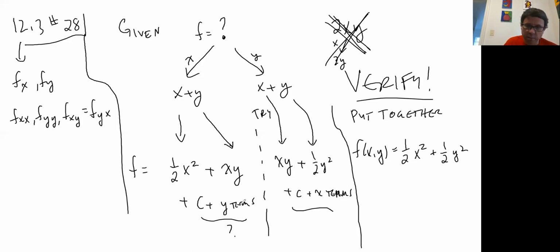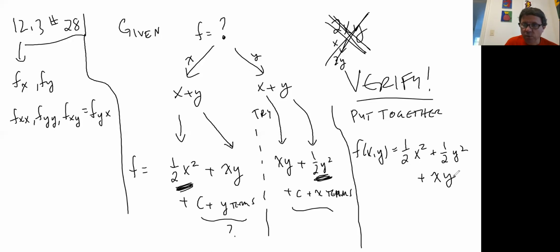No, because I know I'm going to get some y terms, and when I take the derivative of that 1/2 y squared in terms of x, it goes away because it's a constant. So that takes care of that one. What about the xy? It's like the Venn diagram overlap, so just xy works for both.